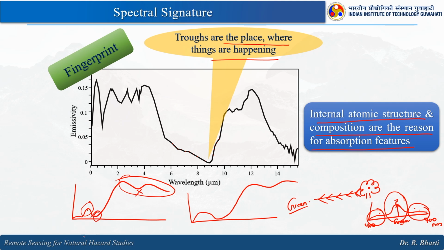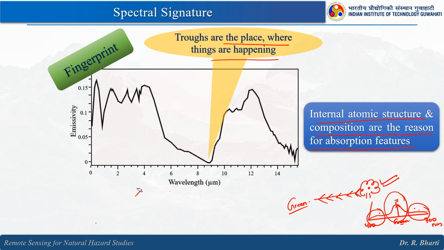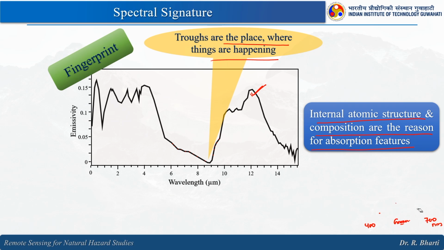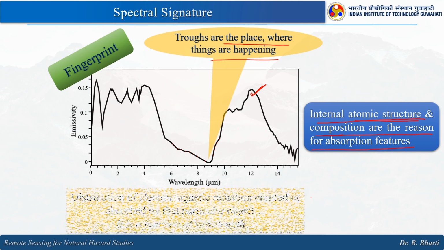But if you see this particular wavelength, it is very interesting to note that it is absorbed by the vegetation. That means these troughs are the places where things are happening, not these, because these are simply reflected by the target. That is why the characteristic absorption features help us to identify their chemical composition or their atomic structure, and to better characterize them in the remote sensing products, right.